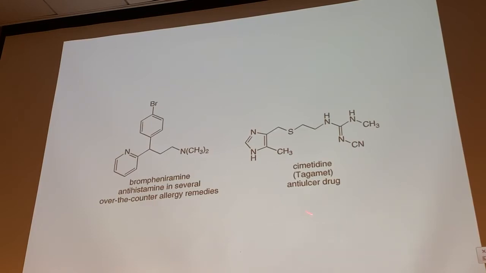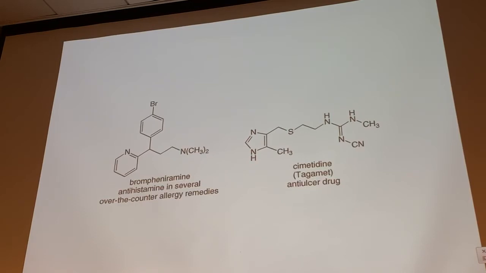Okay? And then this type of antihistamine, cimetidine or Tagamet, is designed to bind to the active site of enzymes involved in the secretion of the stomach acids that histamine mediates. So you have two different types of antihistamines, one that's anti-ulcer, one that is anti-allergies. Okay, these are very common medications.